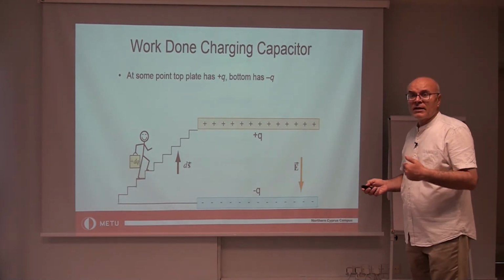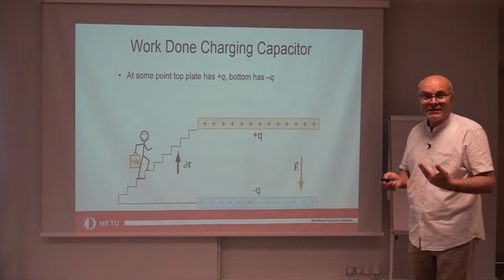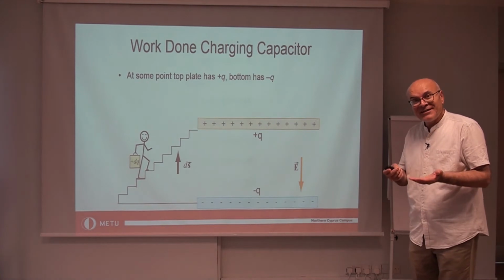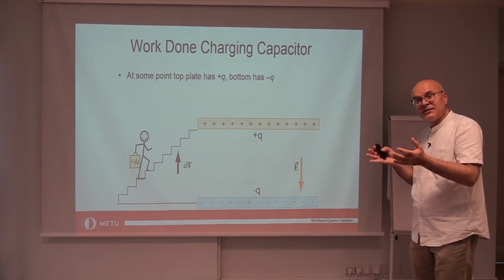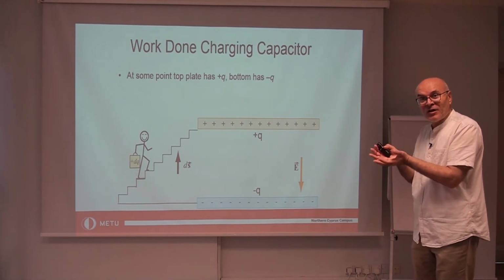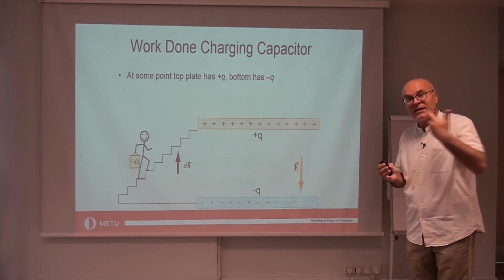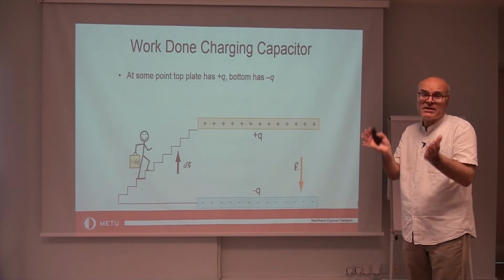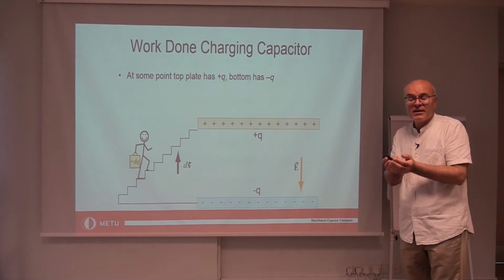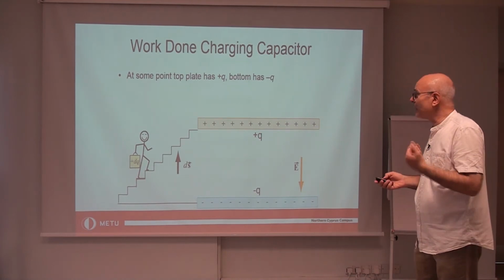Now we want to find the total energy that has been provided to the system of charges, or the capacitor, by the external agent doing work, when the capacitor has been fully charged. To do this, we go as follows.